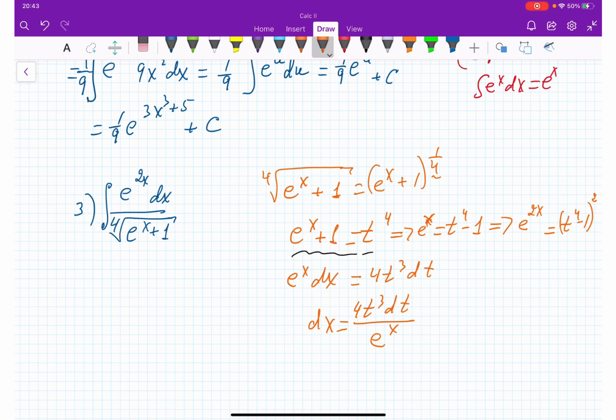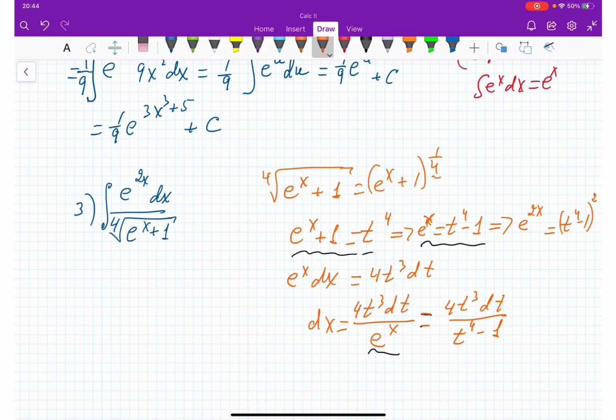I need to express this e to power x through t, and where is my e to power x? Right here. It's going to be t to power 4 minus 1.